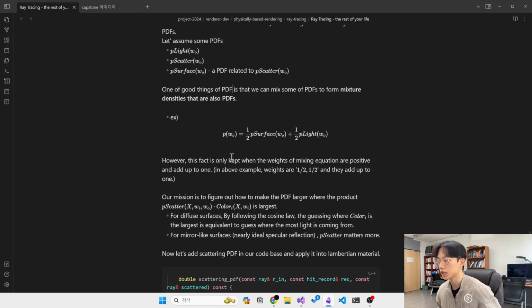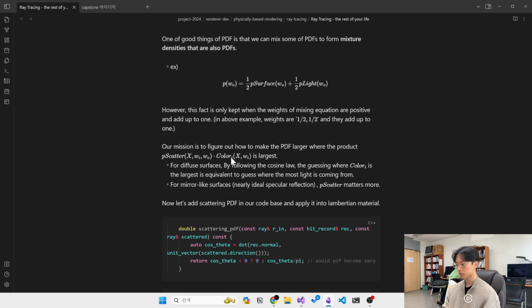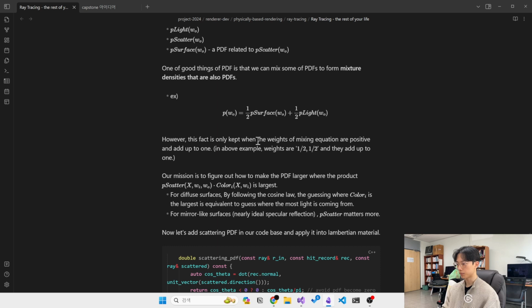And one of the good things about PDFs is that even though we mix two PDFs, it can still be a PDF, which forms the mixture densities. For example, we can combine the P surface and the P light with the weight of 1/2 to generate another PDF that forms mixture densities.